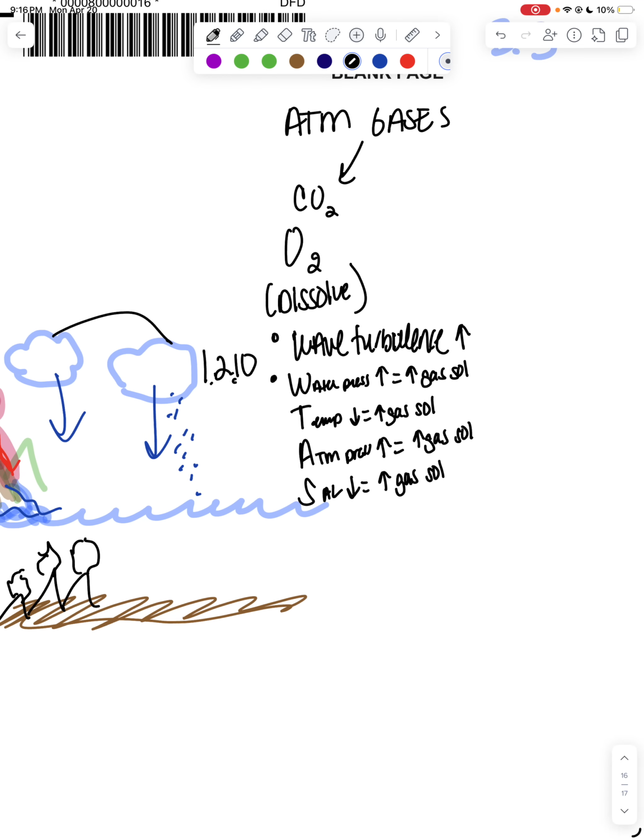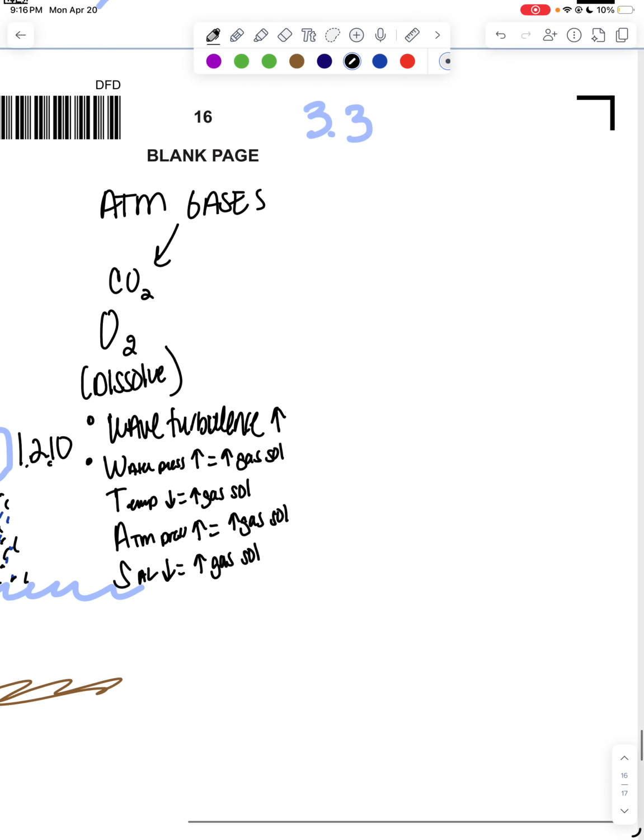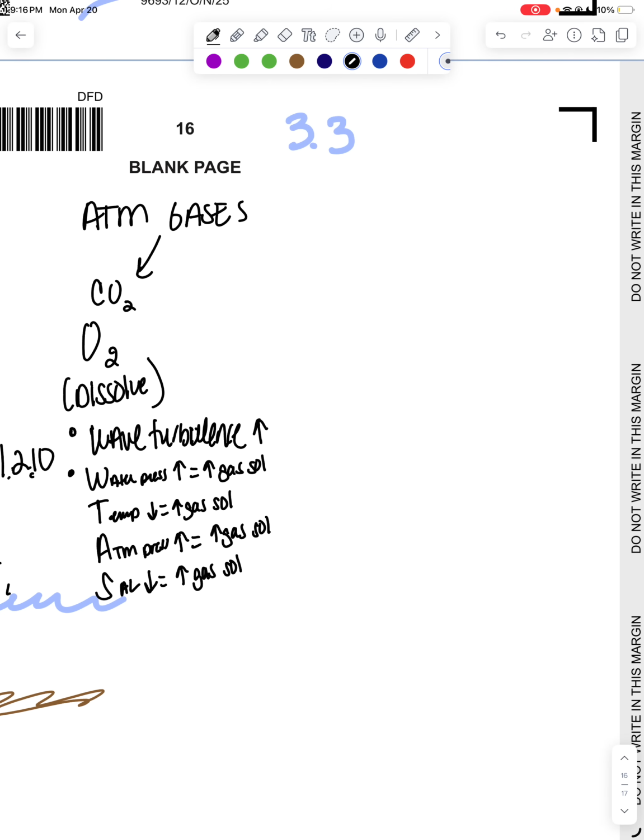We do have other things that happen from the atmosphere, like this. So we can have precipitation. Now that's going to affect salinity. Precipitation, salinity is going to go down. Why?